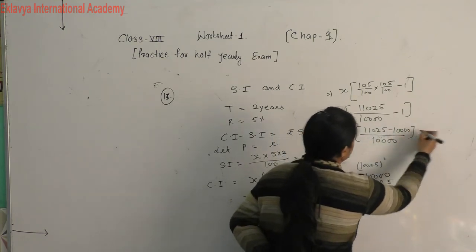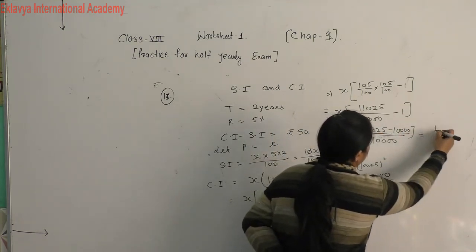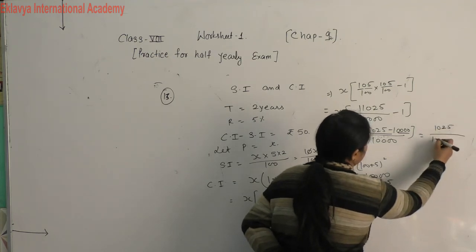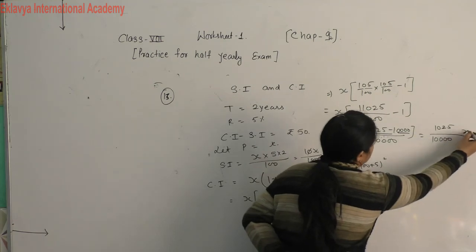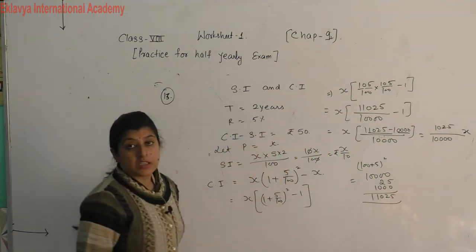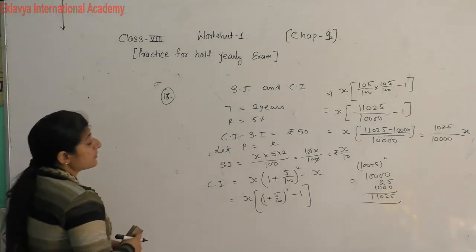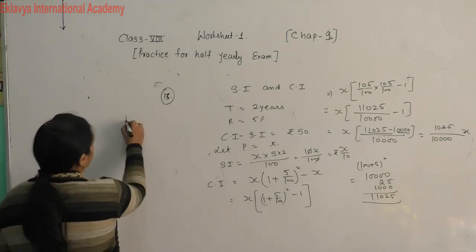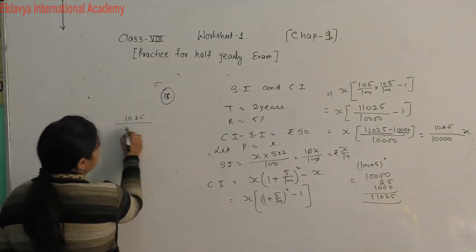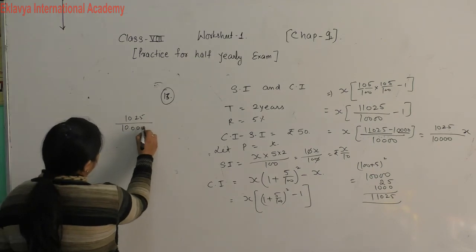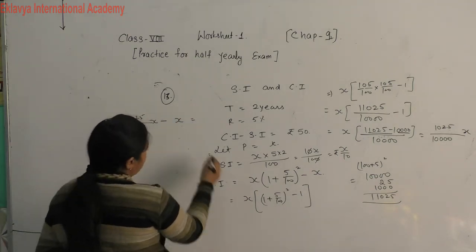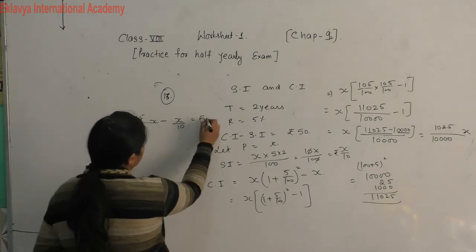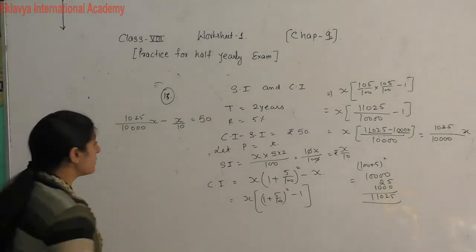Then it becomes 1025 upon 10,000 x. Now the difference between the compound interest 1025 upon 10,000 x minus simple interest x by 10 is equal to 50. It is given to you.